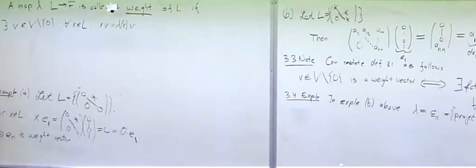So this was the definition part, and the lemma part is the following. If lambda is a weight then we have two properties. First, lambda is a linear function.